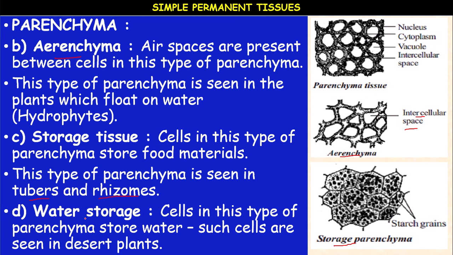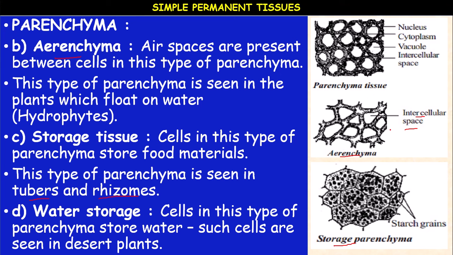Water storage parenchyma. Water storage parenchyma tissue is present in desert plants like Opuntia, cactus. The cells in this type of parenchyma store water. Such cells are seen in desert plants.